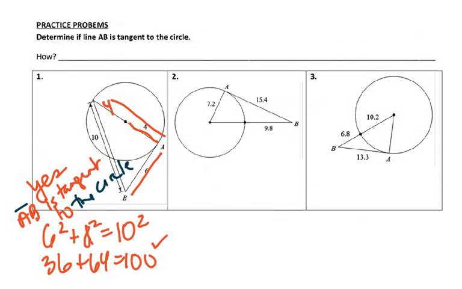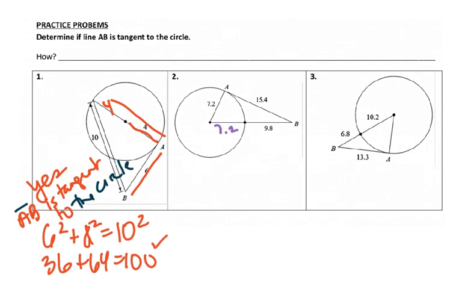Okay, the next problem, we're going to see if AB is tangent to the circle, and if it is, it has to be perpendicular right there. So we need to find our measurements there. We've got 7.2 as the radius, so that means 7.2 is the radius right there. The 9.8 is just referring to that, and I can tell because of the placement of the 9.8.